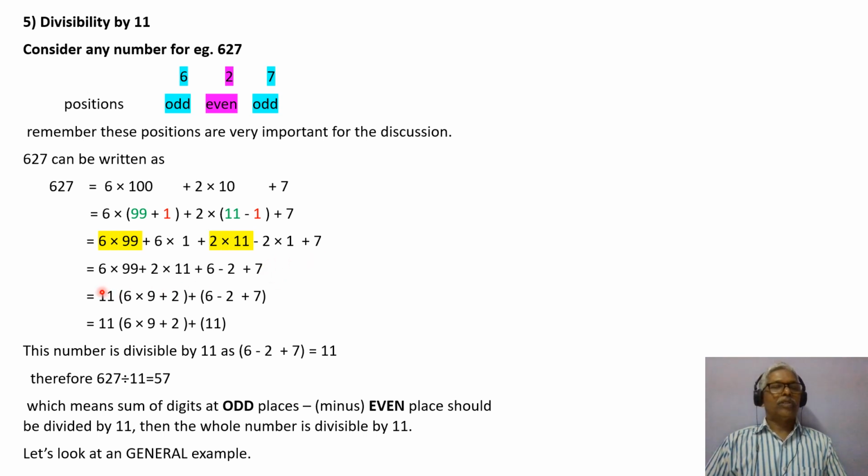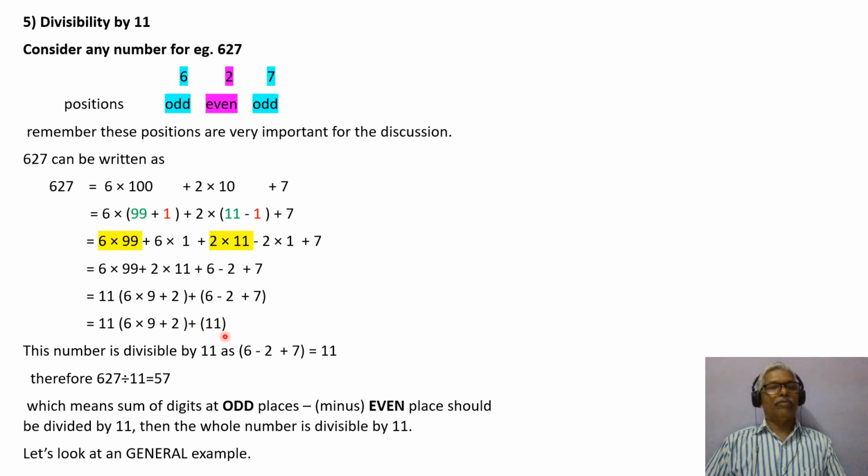Now 11 is taken common, you get 6 into 9 plus 2. This term is divisible by 11 because it's multiplied by 11. Now about this term, 6 minus 2 plus 7. We have written this step as it is, and 6 minus 2 plus 7 is 11. 6 minus 2 is 4 plus 7 is 11.